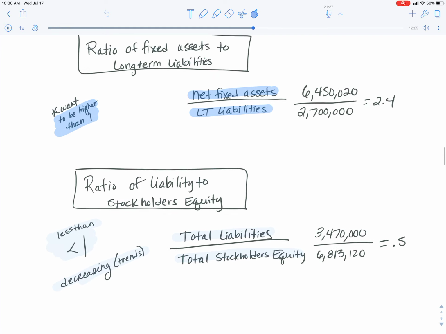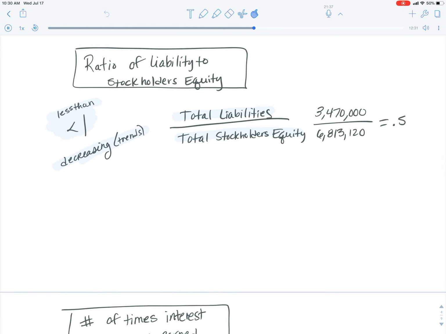The ratio of liability to stockholders' equity, we're trying to find out also the margin of safety for our creditors. This is a measure of solvency, and we're trying to see that if we had to wind up this company, would we be able to pay our creditors?